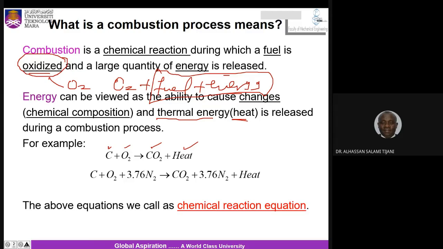So here we are burning carbon in the presence of oxygen. The second equation is the burning of carbon together with oxygen and the nitrogen that is present in the air. The total product now gives us carbon dioxide, nitrogen, and heat. The above equations we call chemical reaction equations.